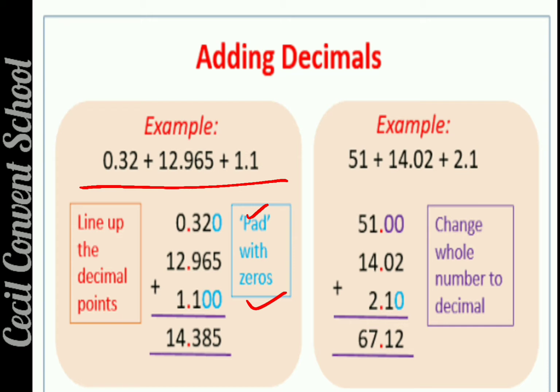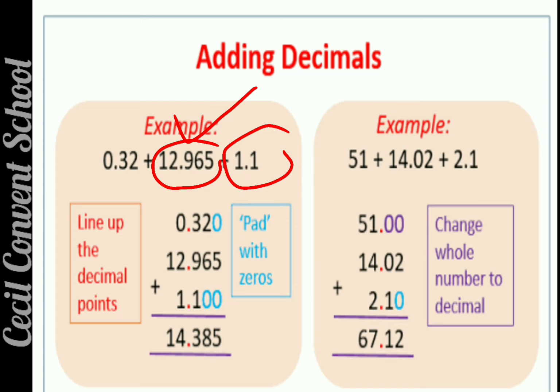I have converted these unlike decimals into like decimals by putting 0s in the numbers having fewer digits after the decimal. First we see how many digits each number has after the decimal. One has 2 digits, another has 3 digits, and the last has 1. The maximum is 3, so I have to put 0s in the other numbers so they also have 3 digits after the decimal. The first has 2 digits, so I put one 0 here. The last has only one digit, so I put two 0s.